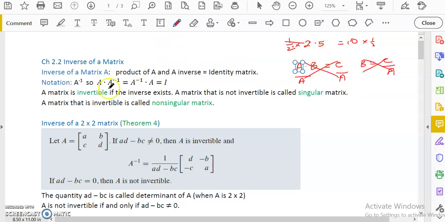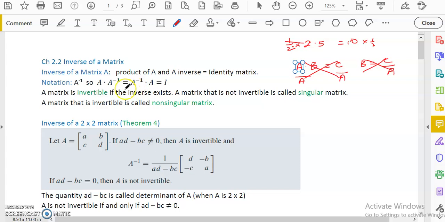So for matrices, we define another entity called A inverse. The notation for A inverse is A to the power -1, kind of like 5 to the power -1 is 1/5. If I multiply A by A to the power -1, which is just a notation that means the inverse of A, it becomes the identity matrix.